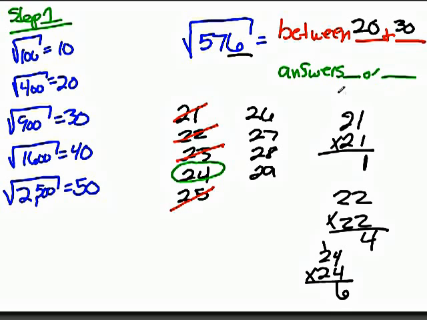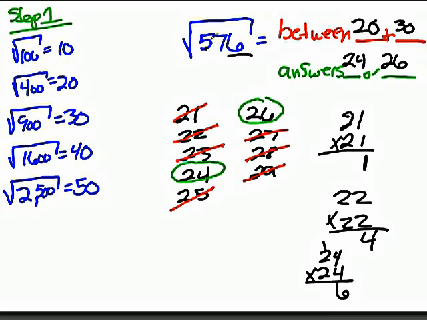Therefore, this is going to be a possibility. 27 is not going to work. 28 is not going to work because it ends in a 4. And 29 is not going to work. So I know that my two possible choices are 24 or 26.